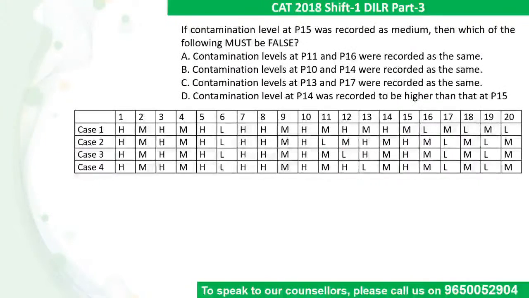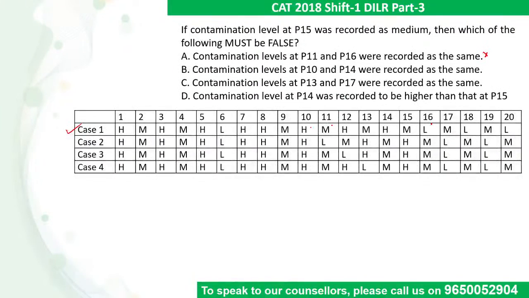All right. If contamination level at P15 was recorded as medium, then which of the following must be false? So 15 was medium in only case 1. I have to tell which of the following is false. P11 and 16 is same, so that is false.